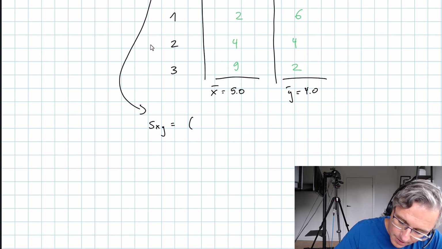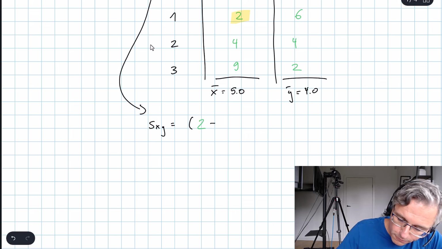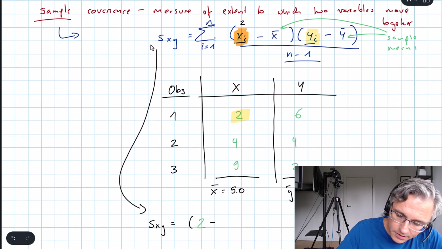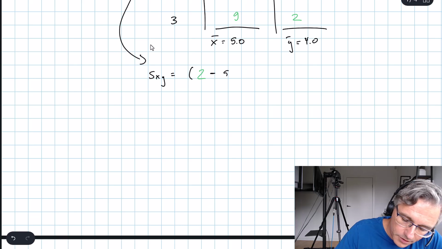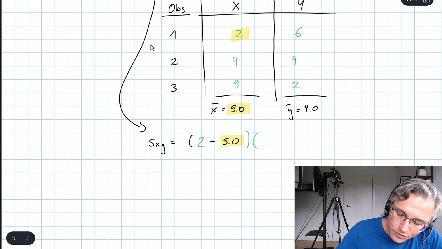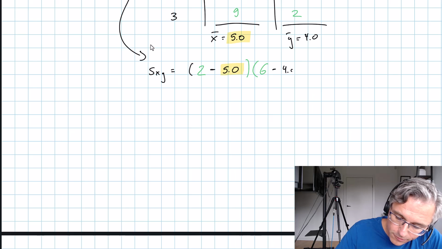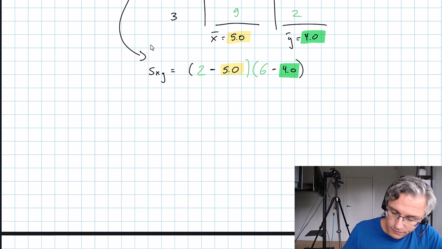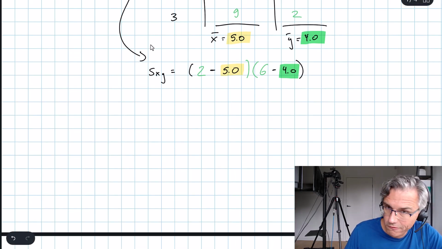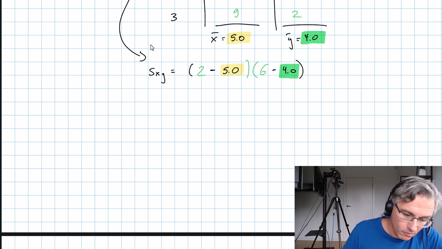When x takes on a value of 2, I'm deducting the x bar, the mean, which is the 5 over here. At the same time, y took on a value of 6, and the mean of y is 4. That's where the 4 comes from. That's our first combination. What about the second one?